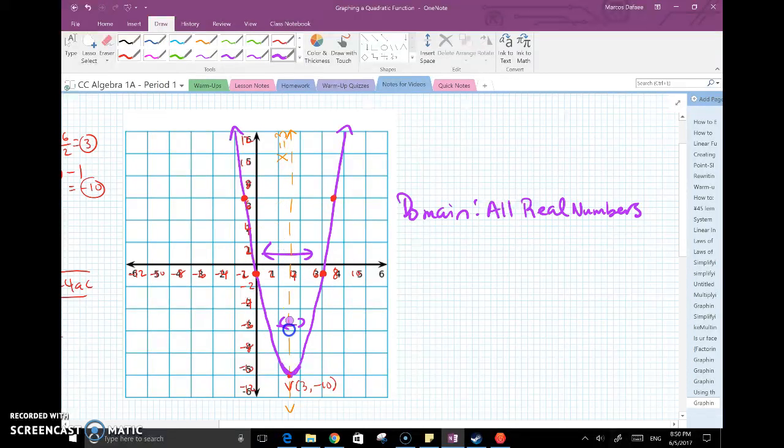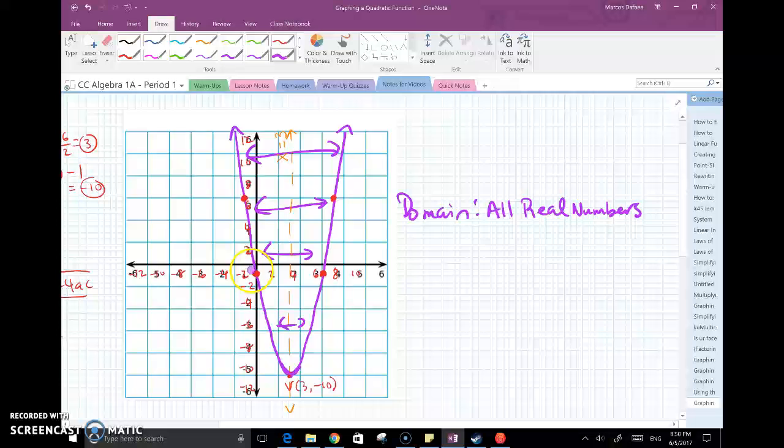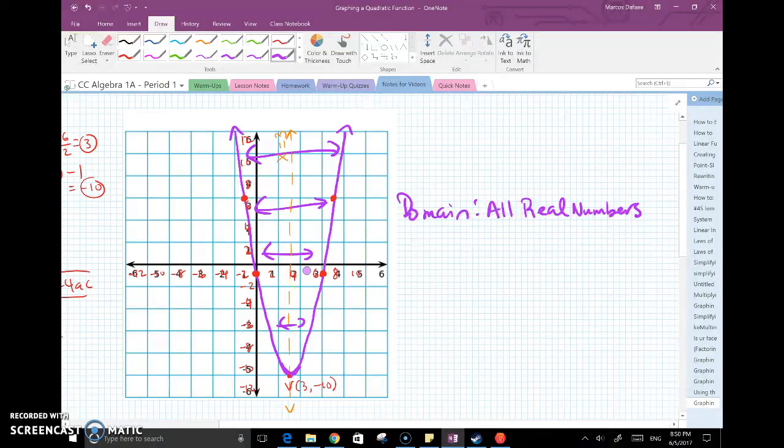So it's really narrow here, gets wider, wider, even wider over here. And it never stops getting wide because it never stops going up. And so eventually it will cover all the values along the x-axis, positives, negatives, 0, all decimals, all fractions in between the integers. So that's what all real numbers is. It's just all types of numbers.